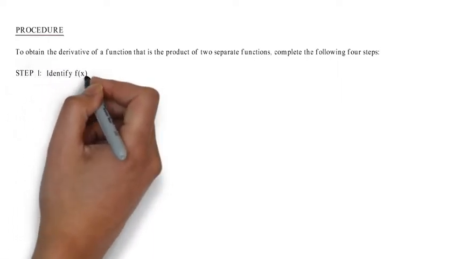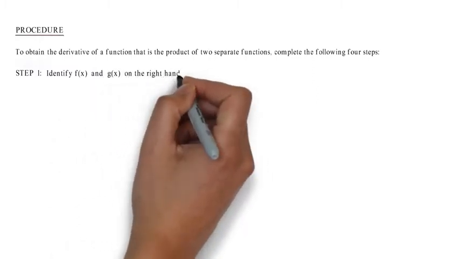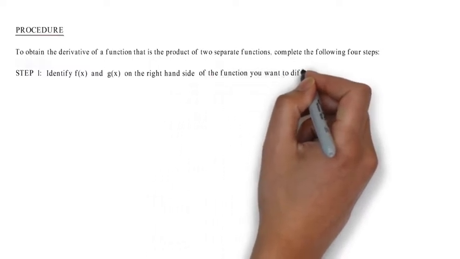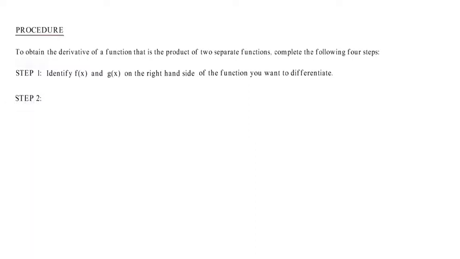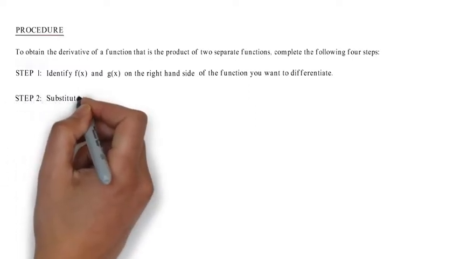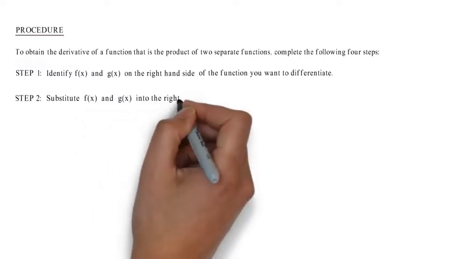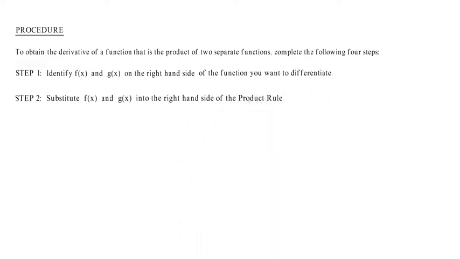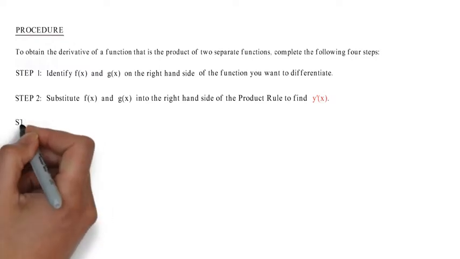Identify f(x) and g(x) on the right-hand side of the function you want to differentiate. Step 2. Substitute f(x) and g(x) into the right-hand side of the product rule to find y dash x. Step 3.